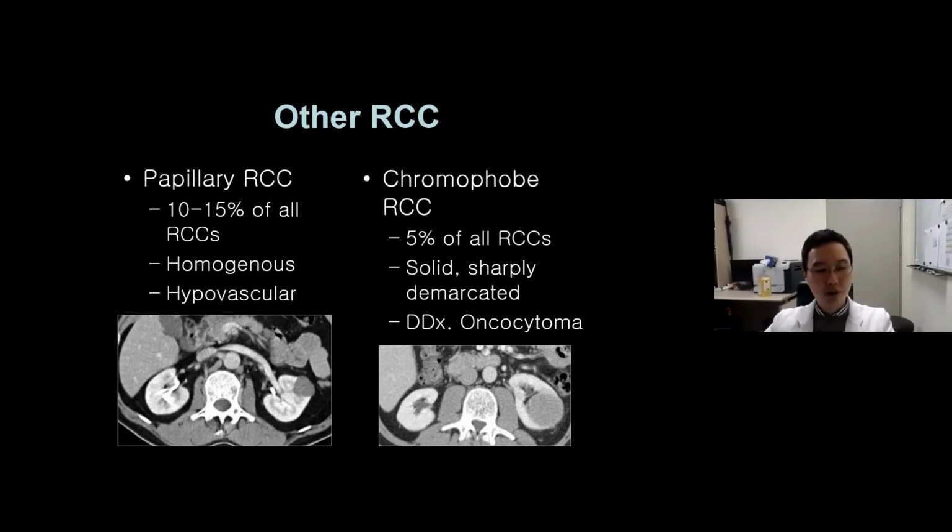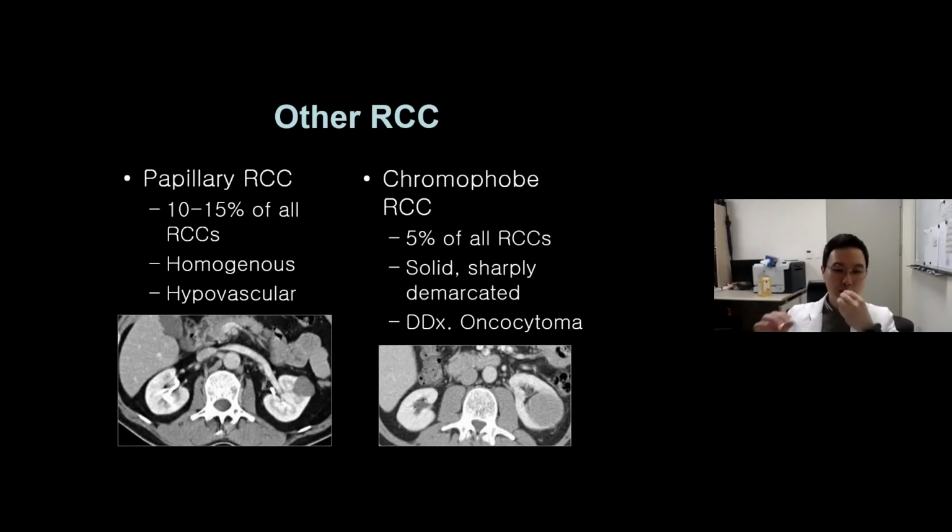And the chromophobe type accounts for 5% of all RCC, and it has very solid and sharply demarcated features. So it may be hard to differentiate from the second most prevalent benign tumor, which is the oncocytoma.